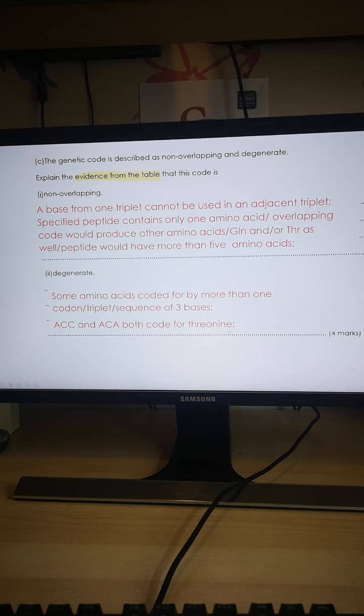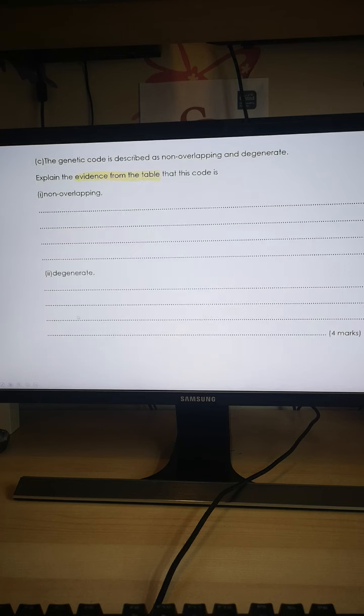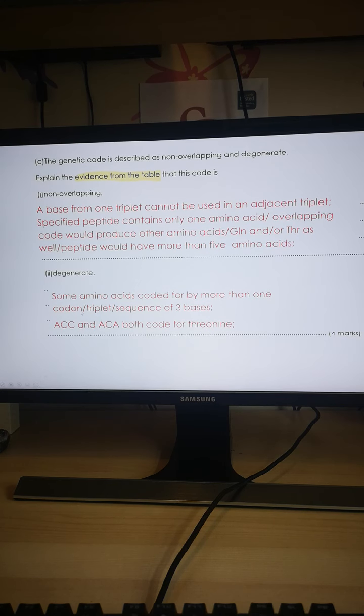Can't say it, I don't mind. So because we had those two different codons, ACC and ACA, that one was a bit clearer, less variety in the answers.